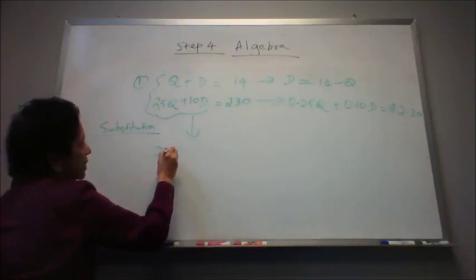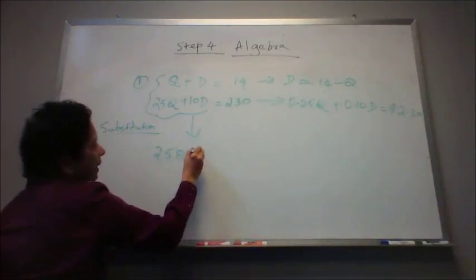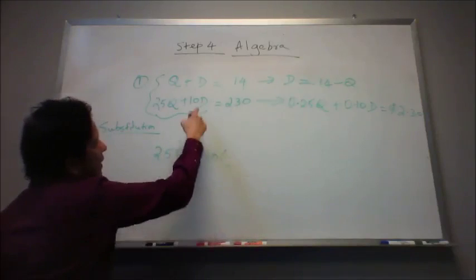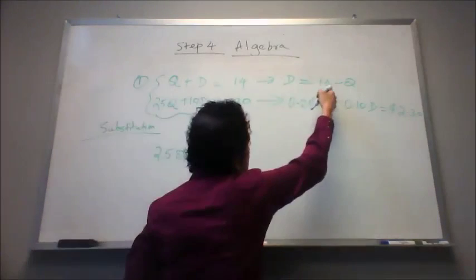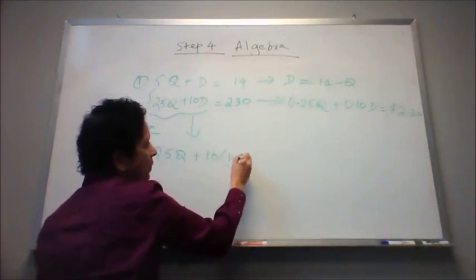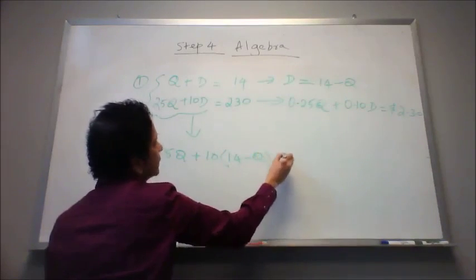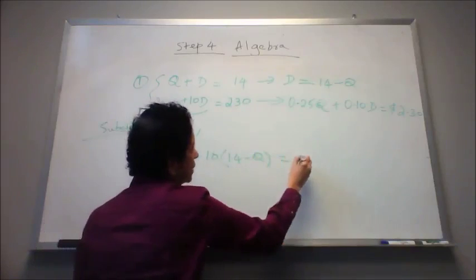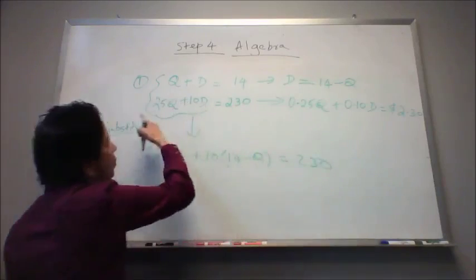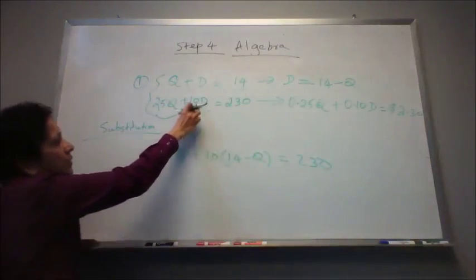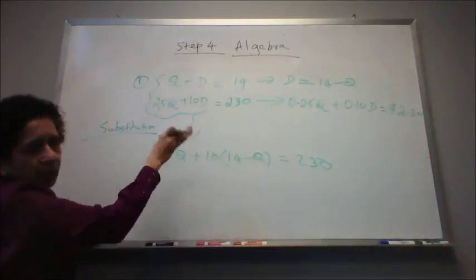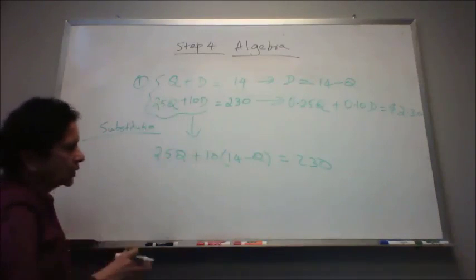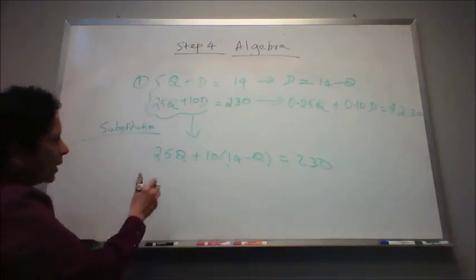I've got 25q, and then plus 10, instead of a d, I will substitute 14 minus q. That's why it's called the substitution method. Then I still have 230. So I'm just rewriting this equation, substituting the value of d from the first equation. Now I know how to solve it.